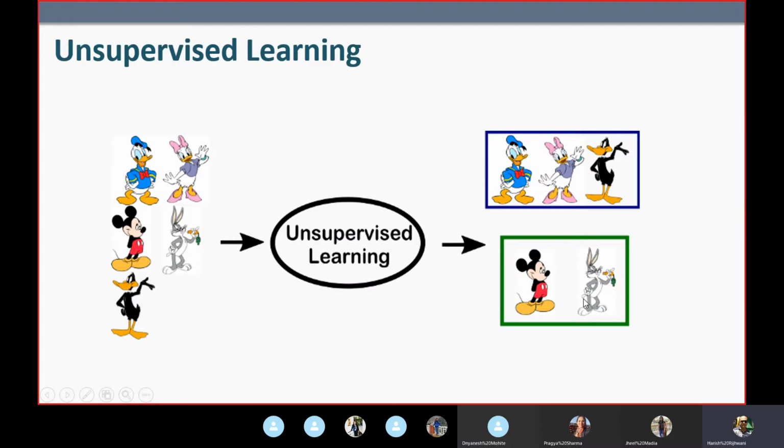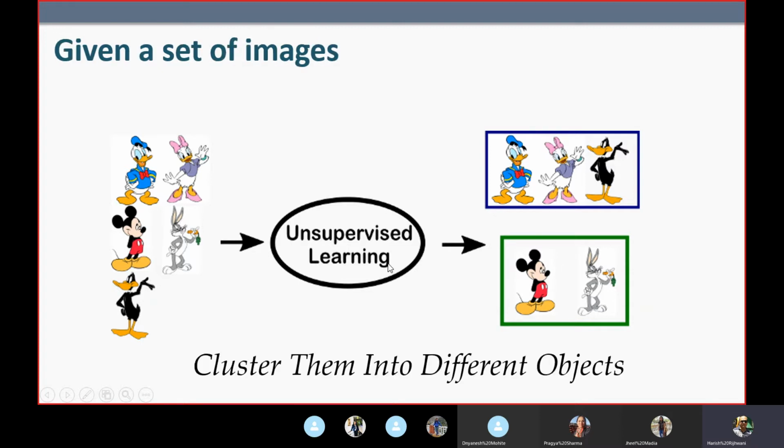Right, unsupervised learning, what normally happens. Here, when I'm looking at this image, I am grouping only the ducks together: Daffy Duck, Donald Duck, Daisy Duck, if I got that correctly, and then Mickey Mouse and the remaining are grouped together, Mickey Mouse and Bugs Bunny. So they are clustering based on the features.